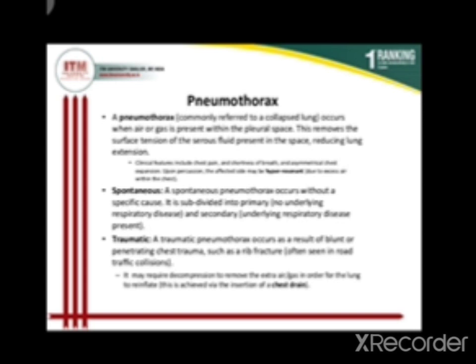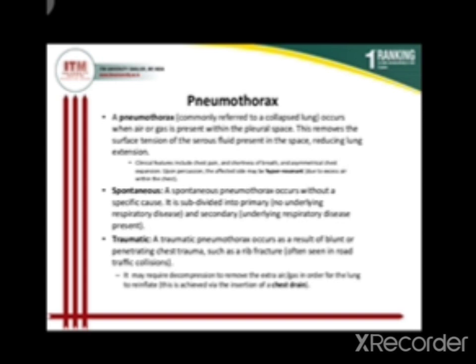Now when there is some injury, stabbing or any reason, if there is some incision in the parietal or visceral pleura, there is accumulation of air between the two layers, between the parietal and the visceral layer. So the space between the two layers is filled with air now, okay, reducing the lung extension.